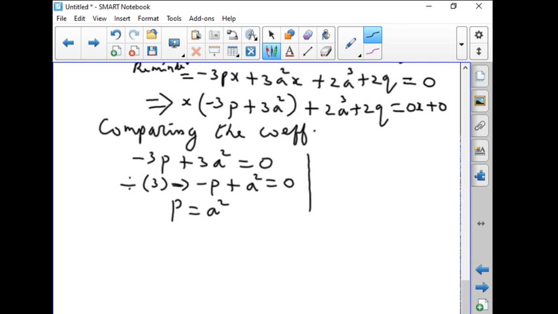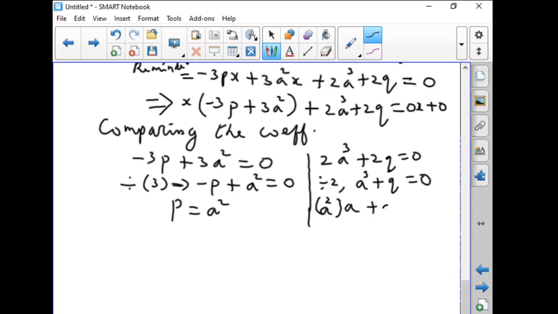Then similarly 2a cube plus 2q equal to 0. Divide by 2. So a cube plus q is equal to 0. Now this a cube can be written as a square into a plus q is equal to 0.